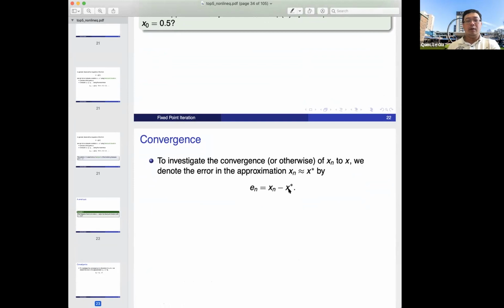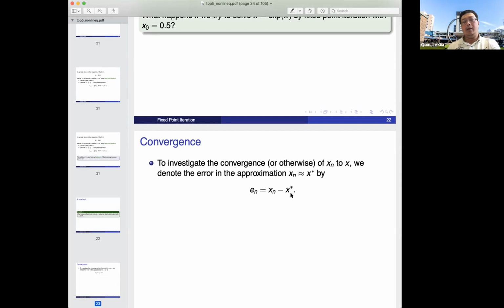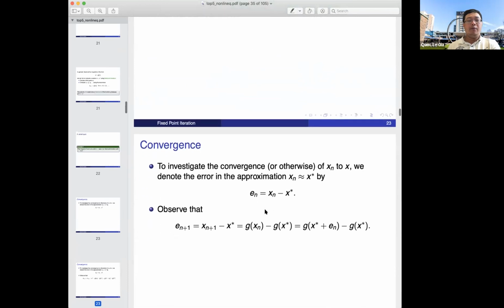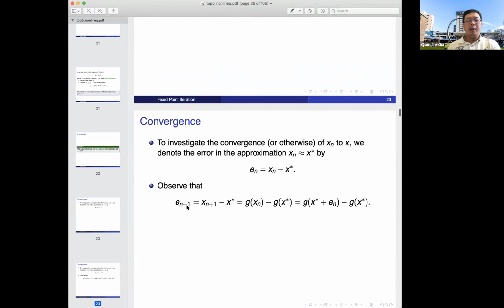So remember, x star is the point such that x star equals g of x star, right? Now if I compute en plus 1, the error at the next iteration, it will be xn plus 1 minus x star, right?